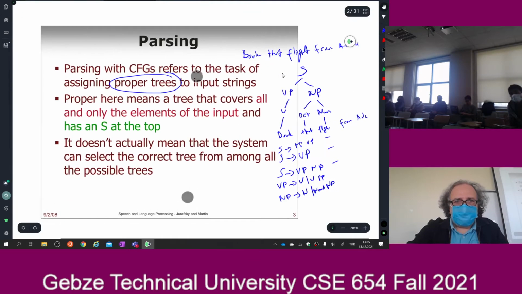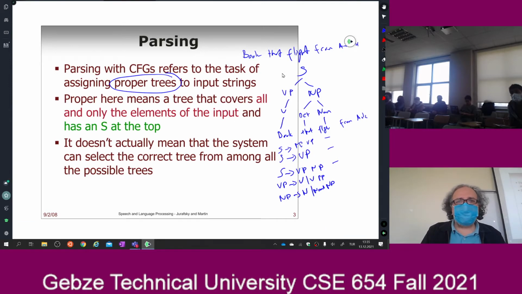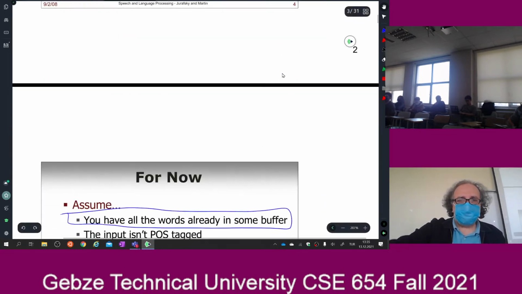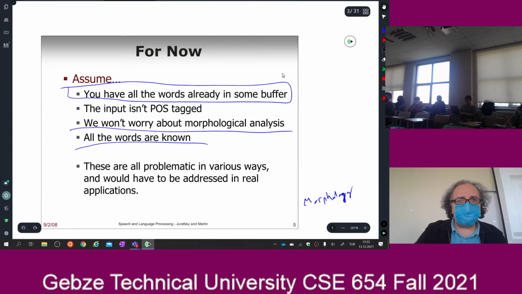Okay, we looked at this one last time again. And parsing means, in this case, assigning a proper tree, a parse tree, to a given sentence or piece of text. And for this, we defined a grammar for a system, for a language.